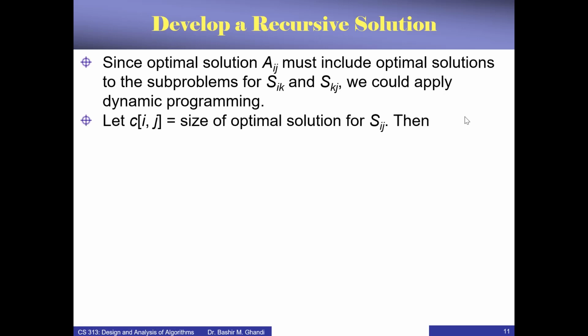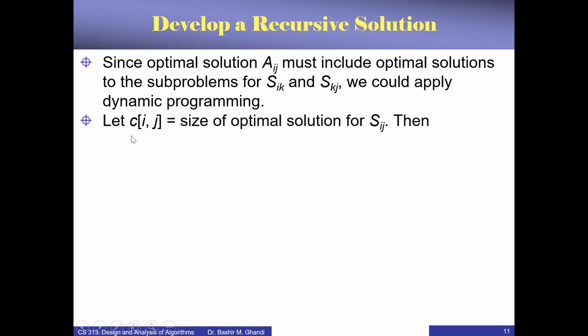Okay, and as you know, in dynamic programming, we try to find a recursive solution. So let's attempt to do that, although we'll not go through with actually obtaining the solution to it. Instead, we will see how we can do it with greedy approach.